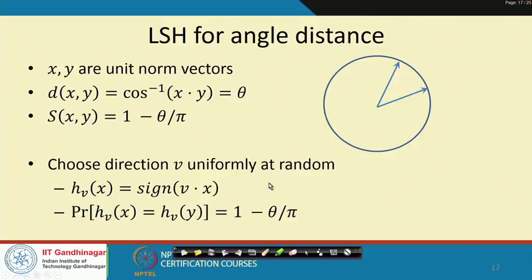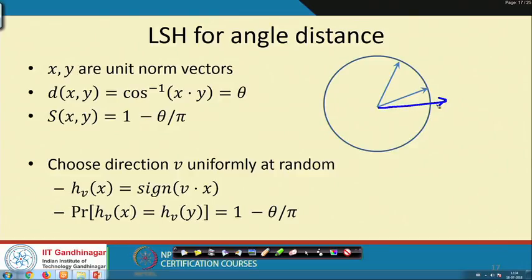Let me draw this first and then I will explain. We choose a vector v uniformly at random. Then we take the dot product of this vector with x, see the sign of that, and take that sign as the hash value.